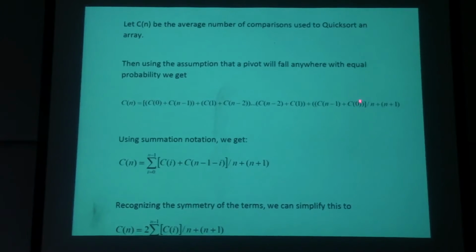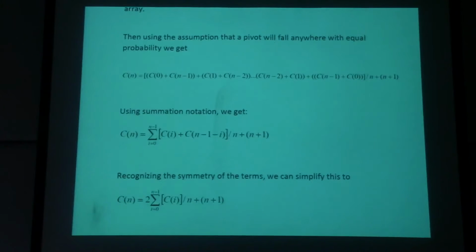Seeing C0 and C0 here, and then we're seeing Cn minus 1 here and here. We see that each of them is occurring twice, and even though these are pairs and pairs and pairs, there's just addition here. So we can remove all the parentheses actually, right? And recognize the fact that this is symmetric, so basically we have 2 times the sum over i from 0 to n minus 1 of Ci.